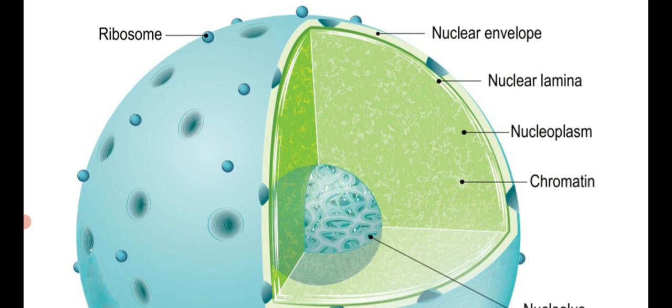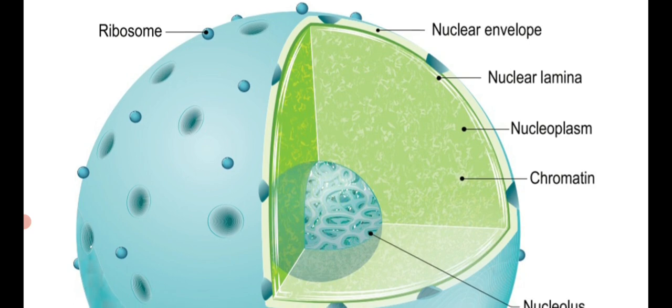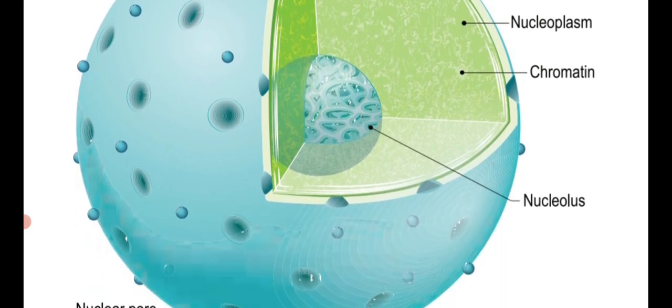In this nucleoplasm, it contains another ball-shaped or oval-shaped structure known as nucleolus. Then a net-like or thread-like structure which is present at the center of the nucleus is known as chromatin reticulum.